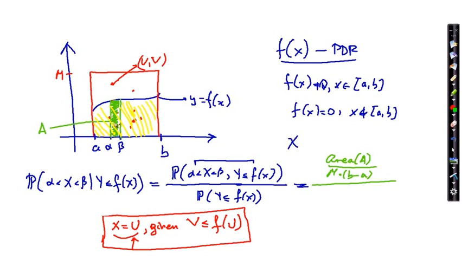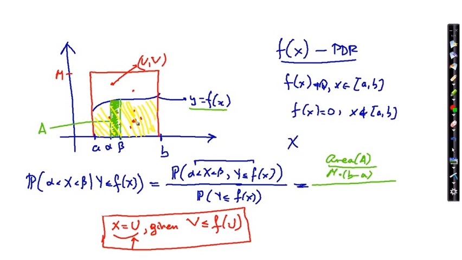So the probability that my point will be here, again geometrically, is the area of this over the total area. In that case, I will have the area of this, and that area is 1, because this is the area under the PDF, and the area under the PDF is 1.